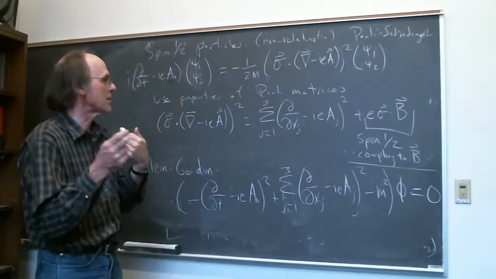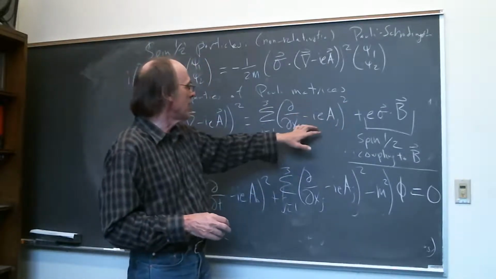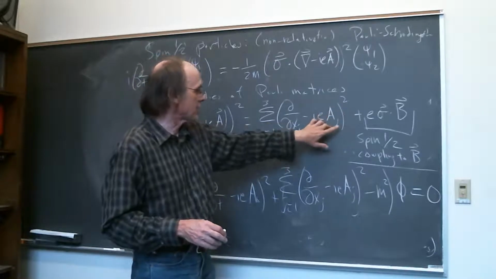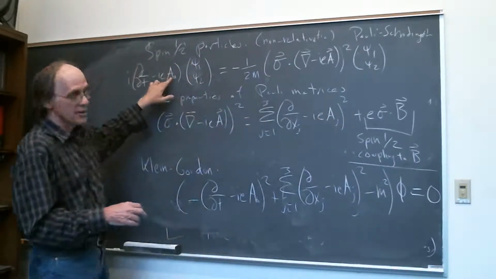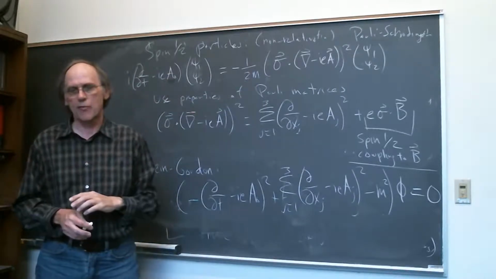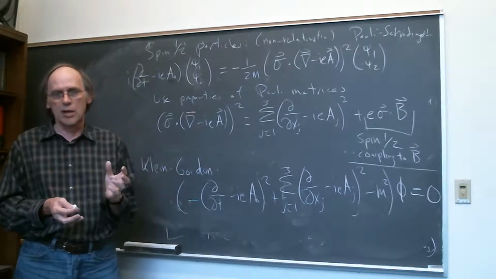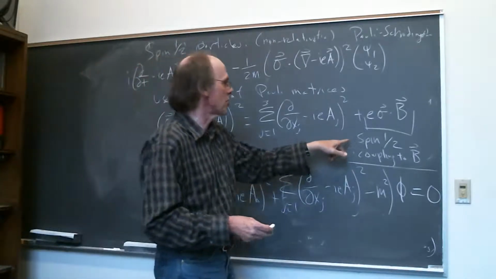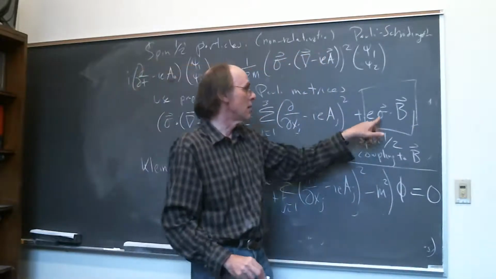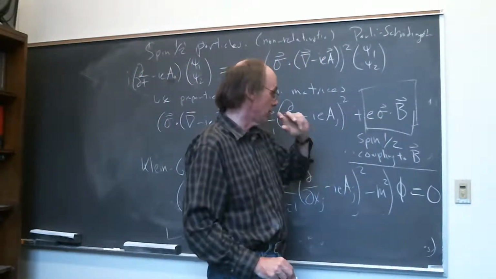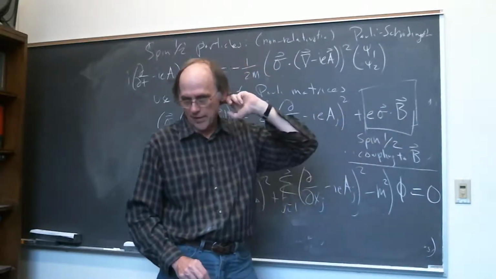If you think about a spin 1/2 particle, it can move around, and its interaction with the electromagnetic field is just the same as what you expect for a single scalar particle, but the spin 1/2 nature shows up with this new term, the coupling of the spin dotted with a B field.